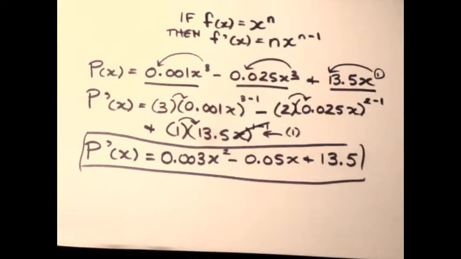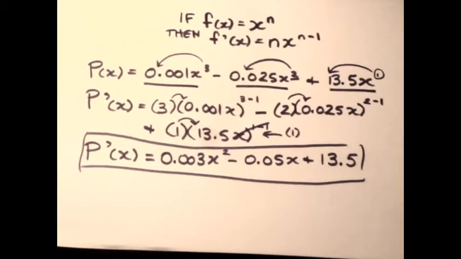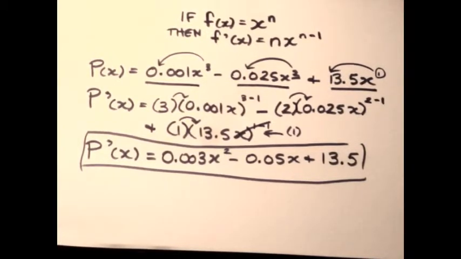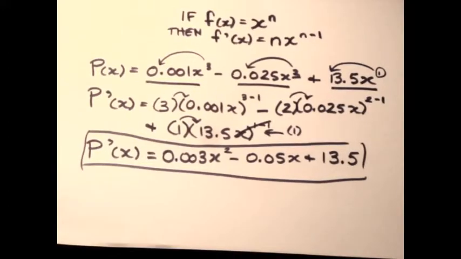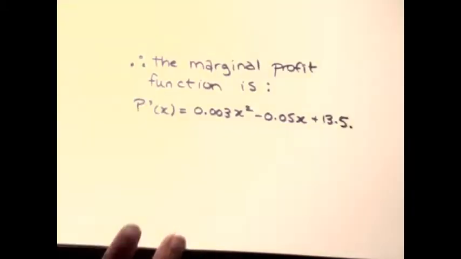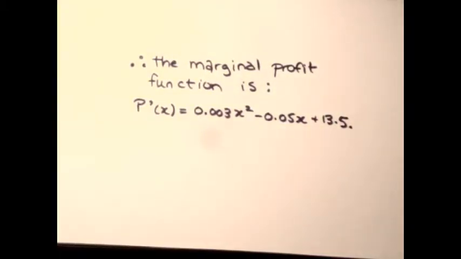So our final answer is P prime x equals 0.003x squared minus 0.05x plus 13.5. We can use this function to find the profit at any particular value of x. So for our therefore statement, we can write that our marginal profit function is P prime x equals 0.003x squared minus 0.05x plus 13.5.